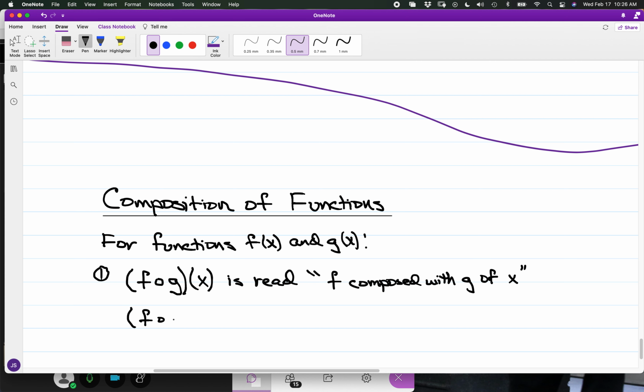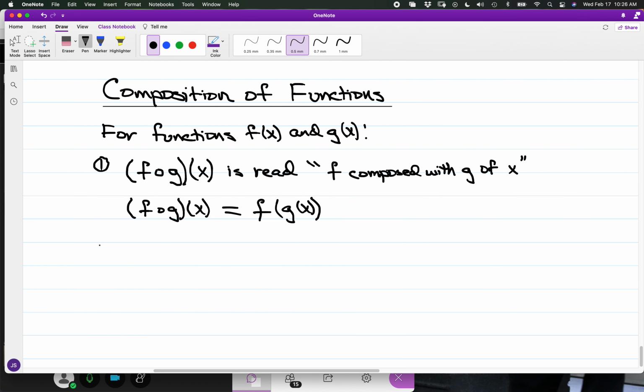And operationally, for f composed with g of x, you're looking at f of g of x. And for the reverse order, some might call it g o f of x. And this is read g composed with f of x.